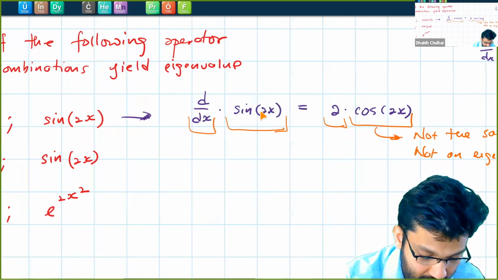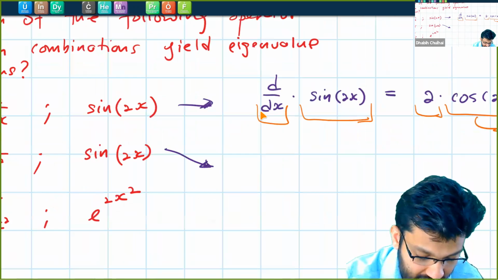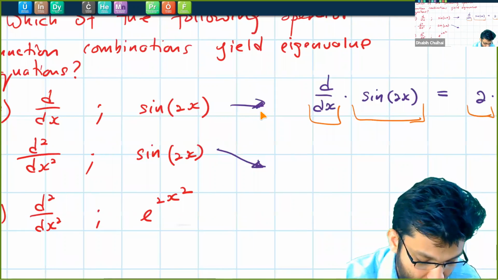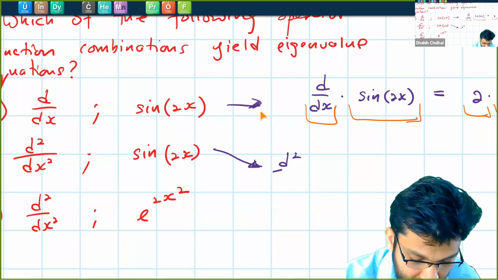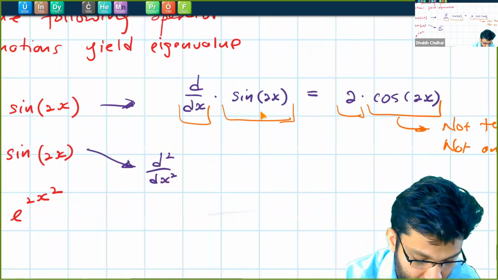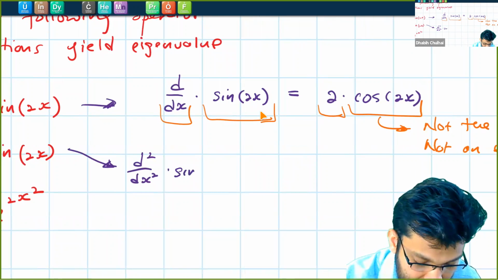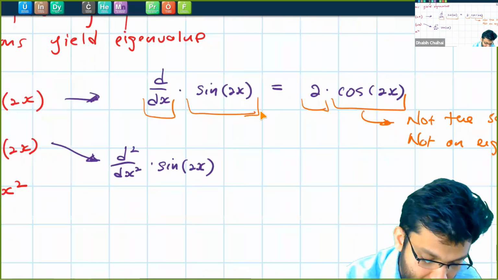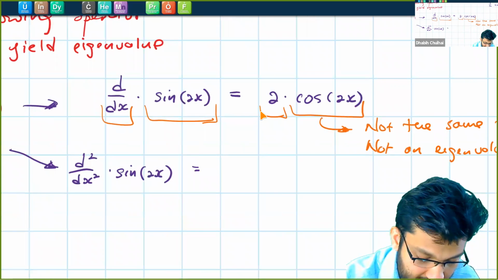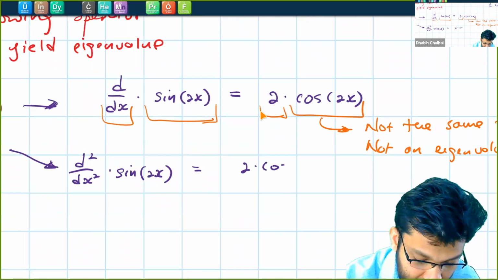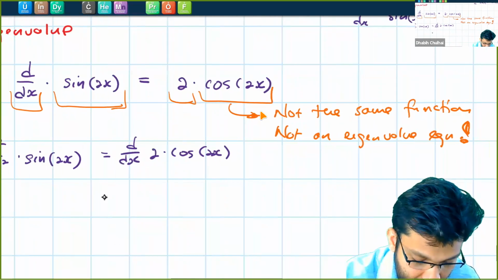Let's try the second one. Our operator is d squared/dx squared, so it's the second differential. Our function is the same function, sine 2x. We know that the first differential is 2 times cosine 2x. So we need one more differential of that.